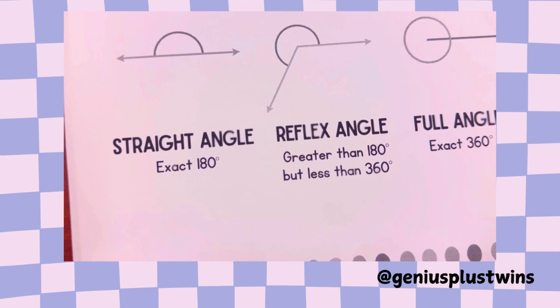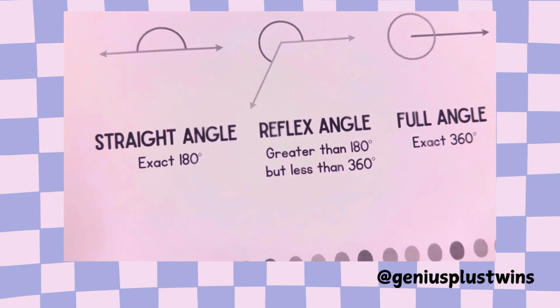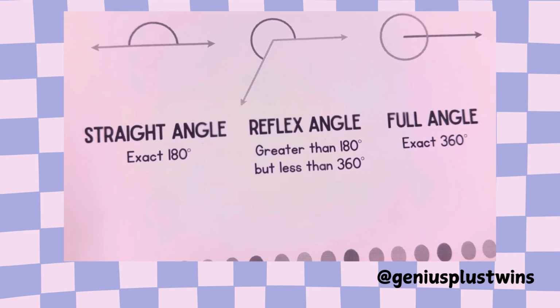As for the full angle, well, it measures exactly 360 degrees. Picture spinning around one complete time. You've just traced out a full angle. It makes a complete circle, starting and ending at the same point.